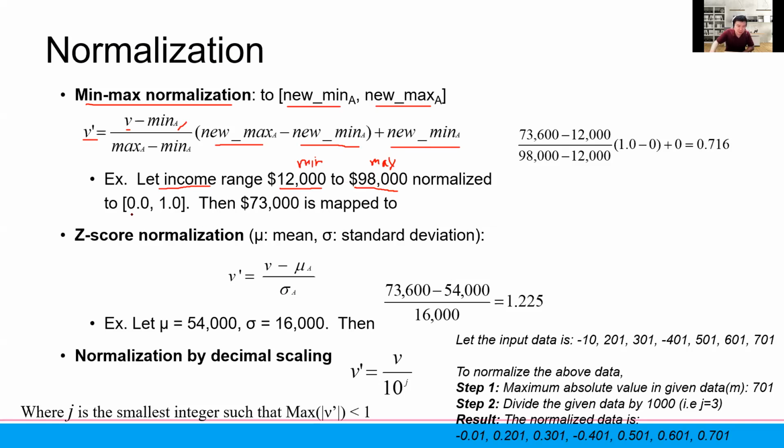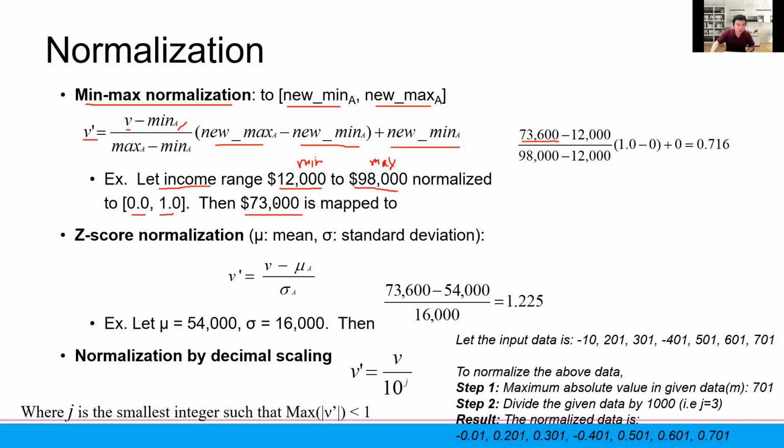Suppose the new minimum is 0 and the new maximum is 1. So I would like to change 12,000 into 0, and 98,000 into 1. Then if I have a value 73,000, what is the new value?